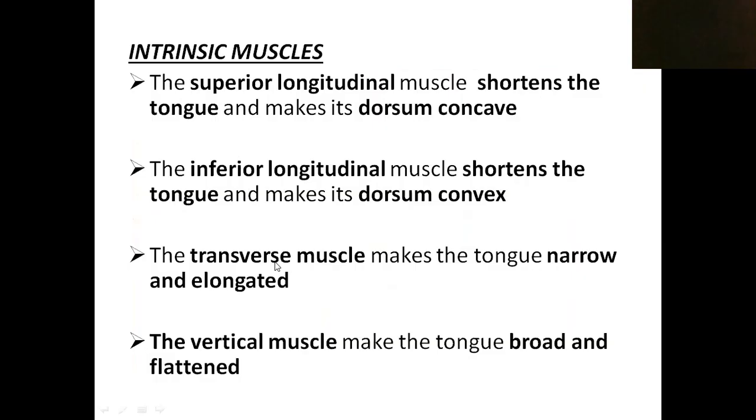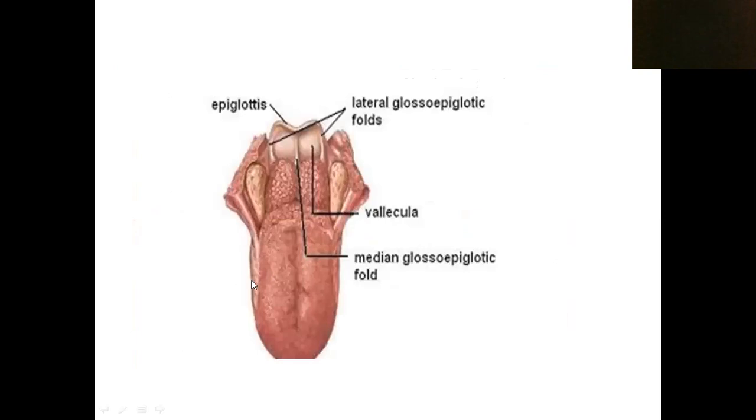The transverse muscle runs from one side to the opposite side. Actually, one median septum is there, and we are not going into the details; the muscle runs from the median septum to the side. Anyway, when that muscle contracts, it rolls or narrows the tongue.